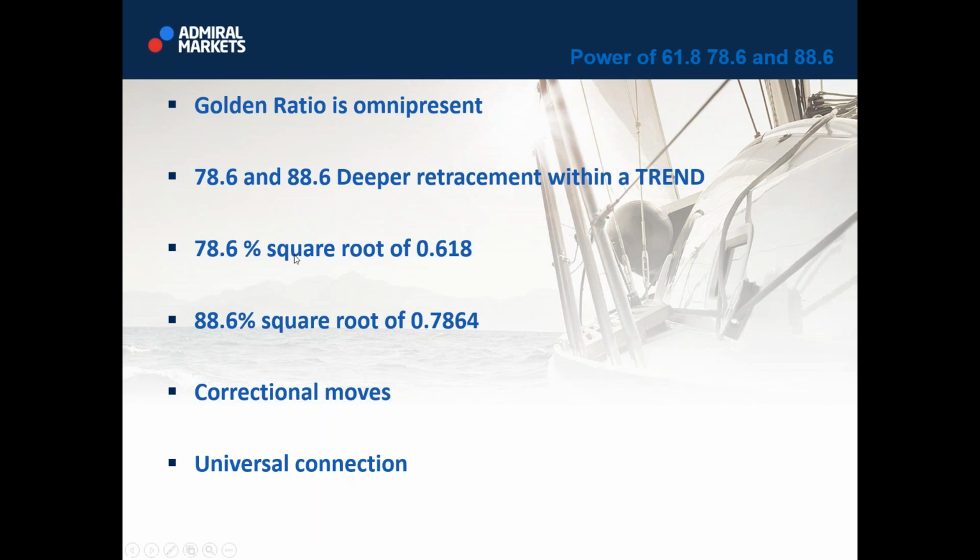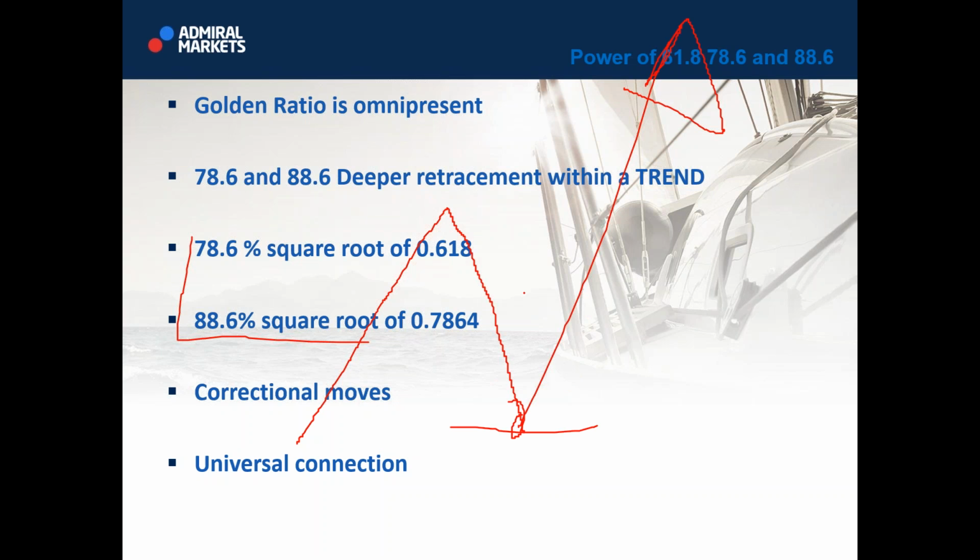You have noticed a lot of times that price action goes up, and then heavily retraces to the downside, usually following these two ratios. And then when traders think, great, I will go short because this is a short trend, no, it just does the opposite. It goes even more to the upside. It is that powerful. Those are correctional moves within the scope of universal connection.